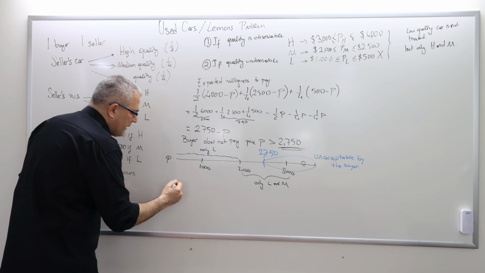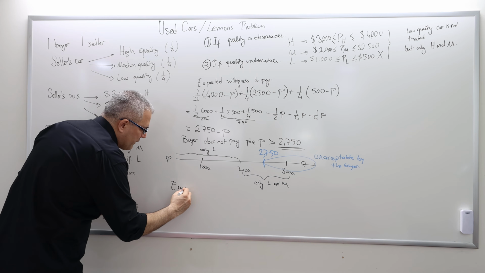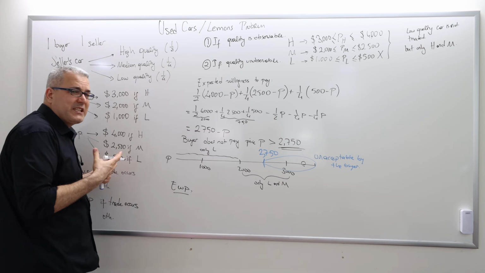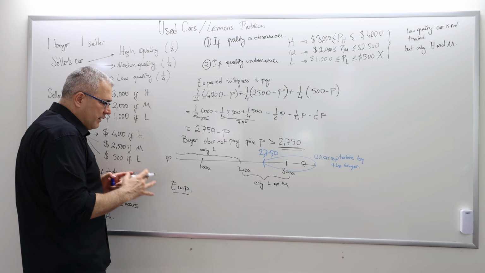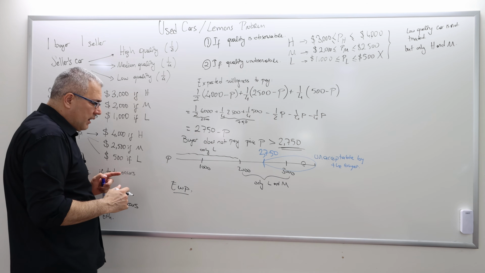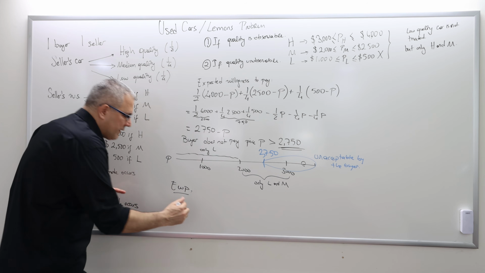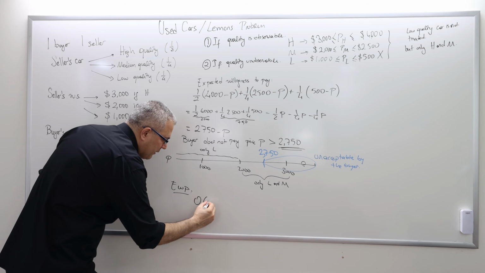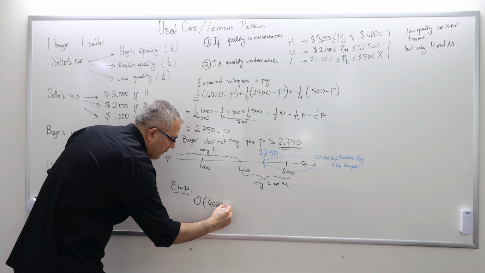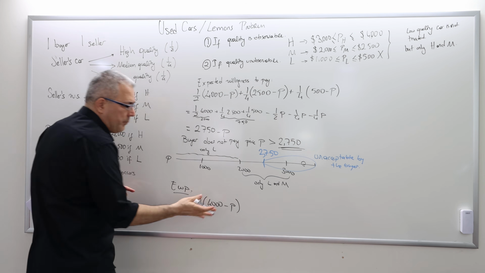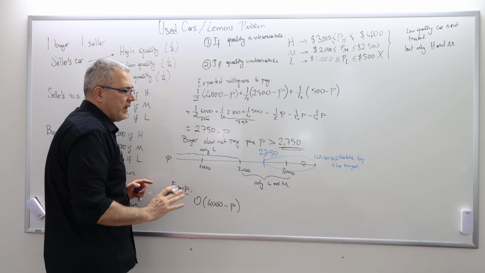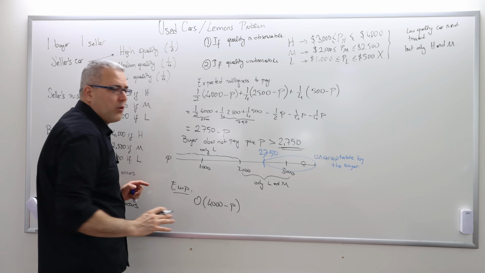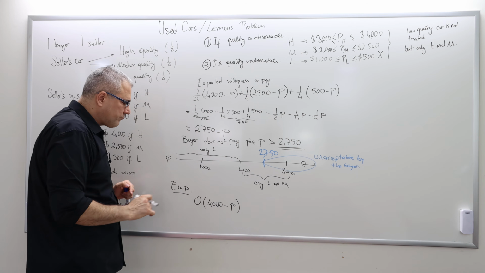So therefore, his expected willingness to pay, or expected utility, is going to be the following. Look, the car is for sure not high type. So with zero probability, my net utility will be 4,000 minus P, where P is something less than 2,750 or more than 2,000 maybe.